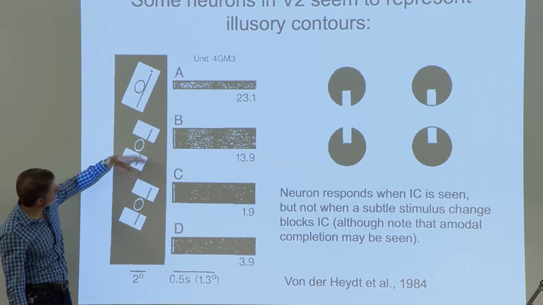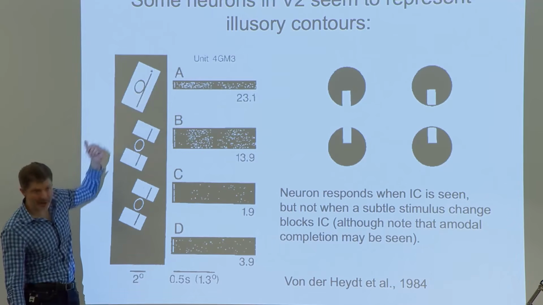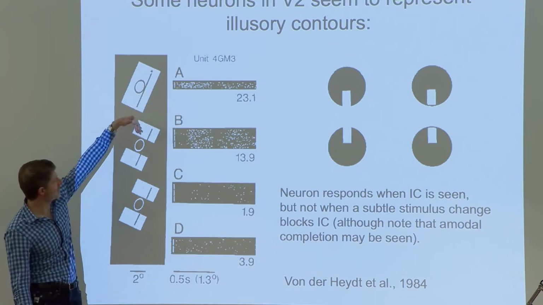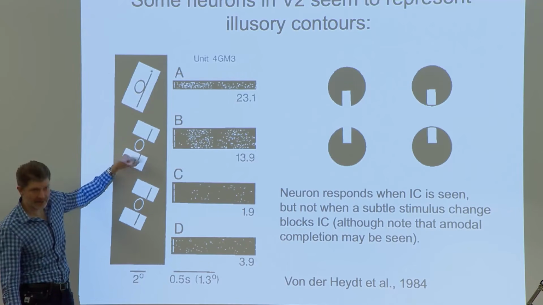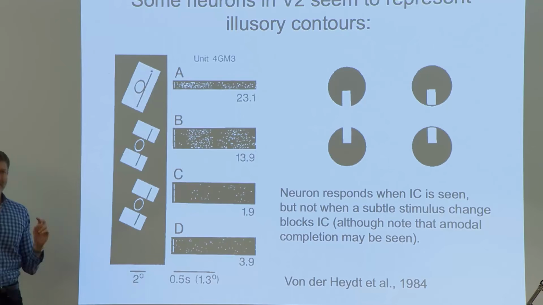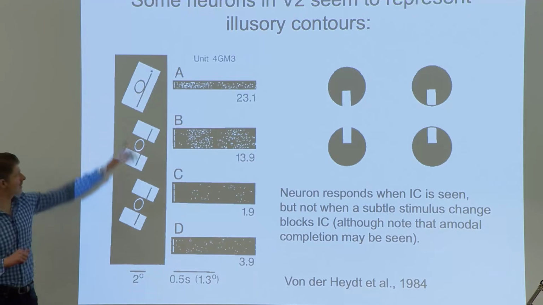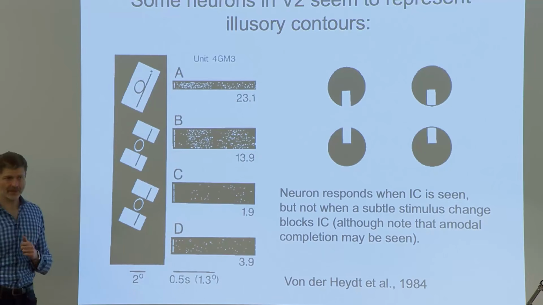This would be a neuron that is orientation selective, so you change the orientation of the line, and the response would go down, and you'd see the same orientation selectivity to the illusory contour. So it does seem like it's the same code for a regular contour that has some image contrast as for an illusory contour.